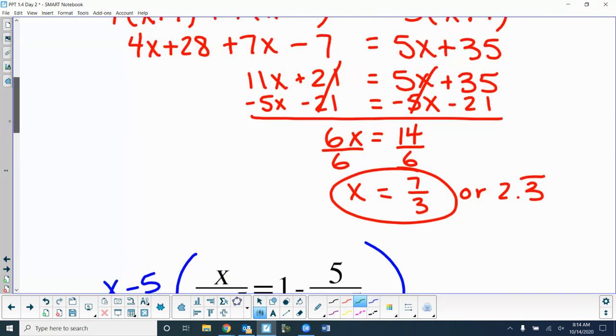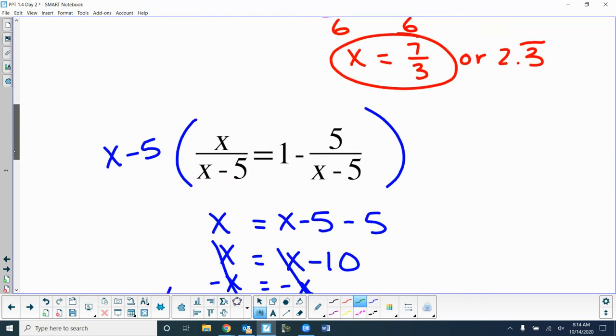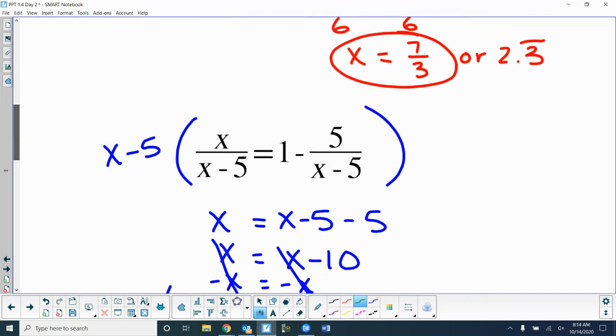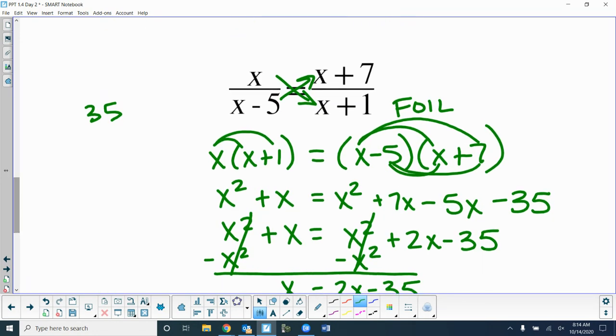Okay? So, if you can't factor them, which I think most of them you can't, you just write them both down, or all three, however many there are, that they show up once, write it down, and then multiply through. Okay? If there's only one, write it down. Okay? Multiply through. Okay? If it's a proportion, cross multiply.